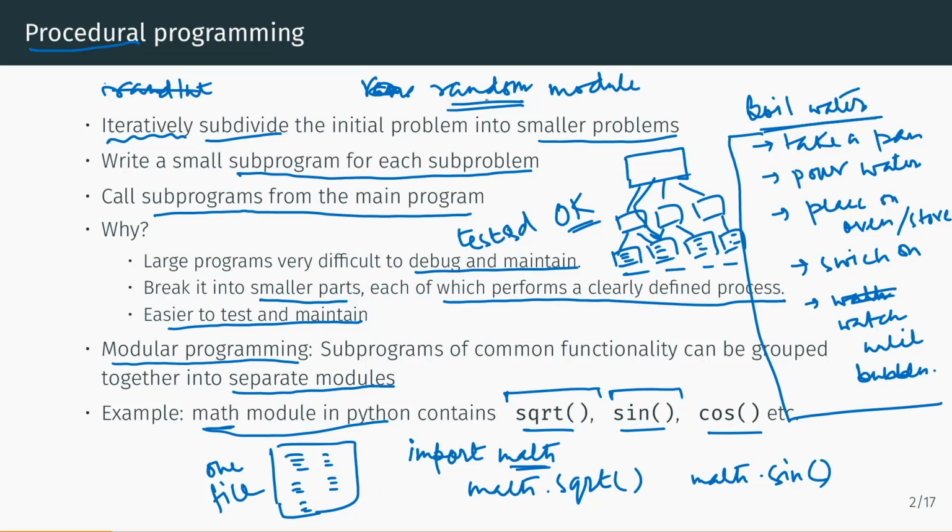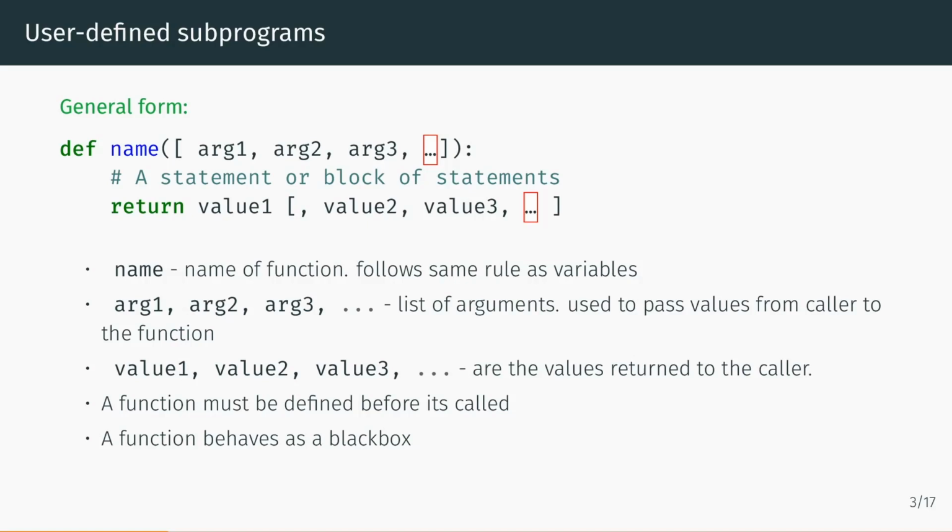So all the functions you call to generate random numbers are placed in the random module, which is again just a file, nothing else.